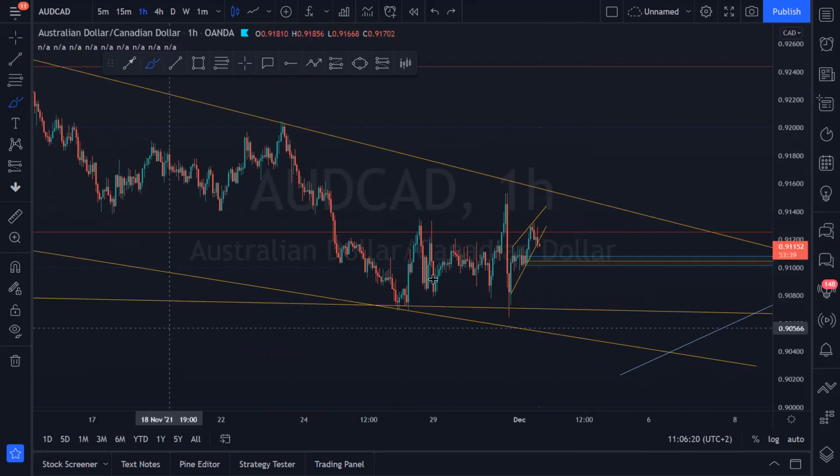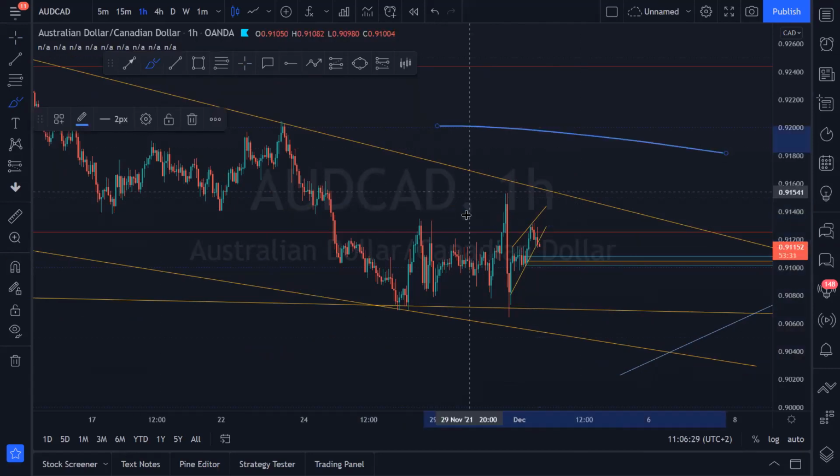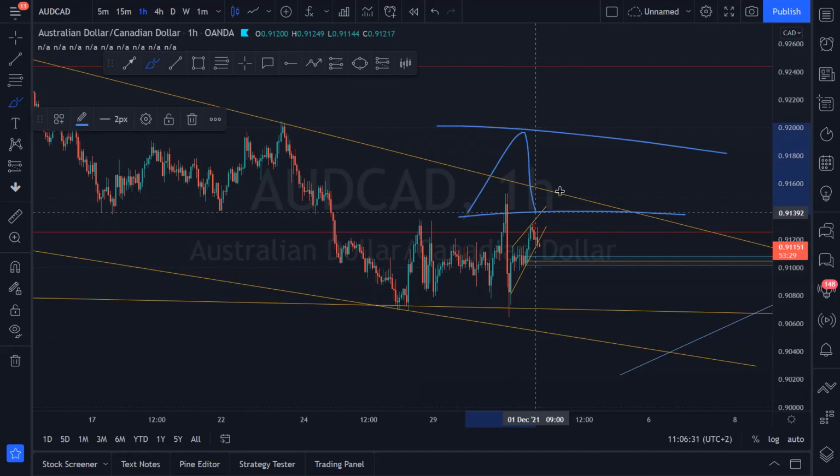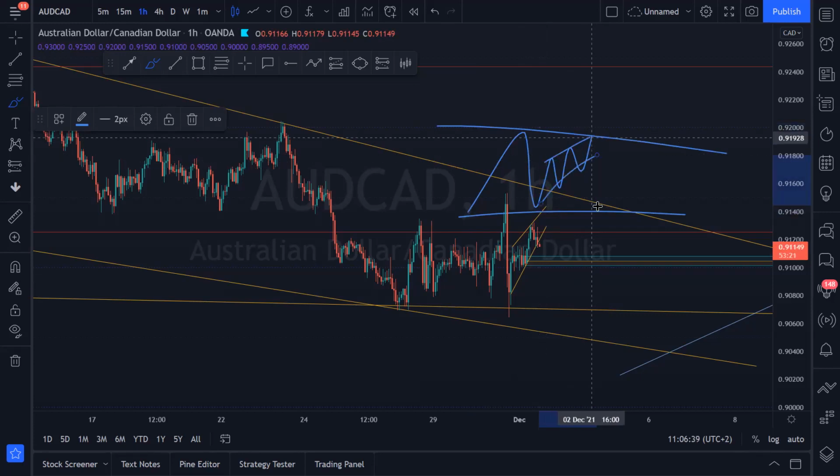So what I'm going to be doing here on Aussie CAD is just waiting for structures, guys, because when we have ranging markets, obviously support and resistance give us an idea of where markets could go to and from. And then the structures that we see inside of support and resistance give us an idea of where the momentum will come in. Because remember, we don't want to sit in a trade for the whole week. We want to get to TP as fast as possible.